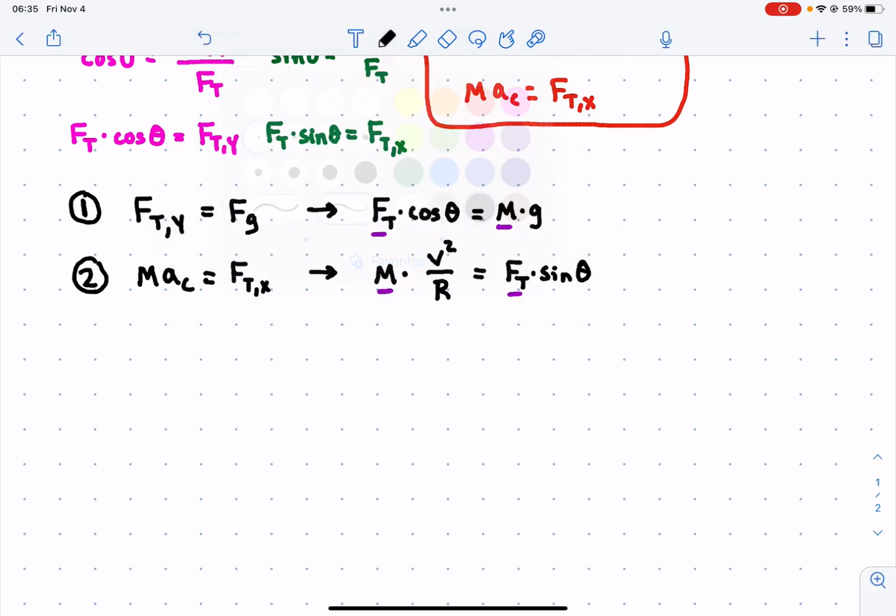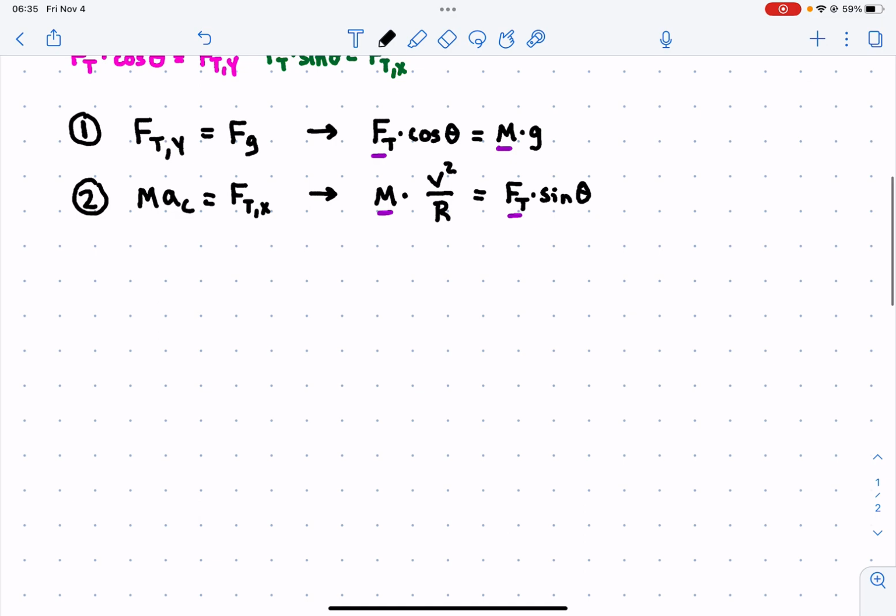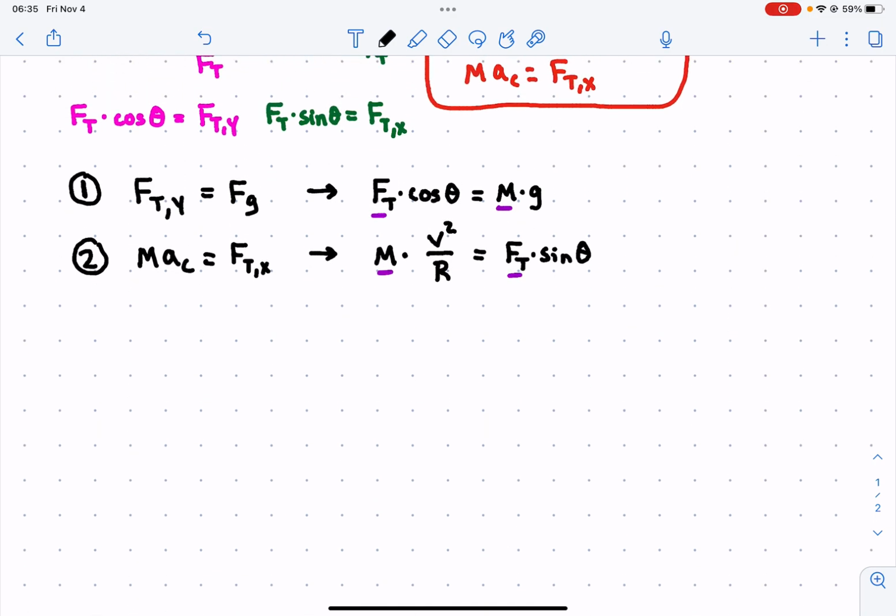Okay, so solving from there, what I would do is I would probably just deconstruct the first equation since it's probably the easiest. So divide both sides by cosine theta, and you're going to get F_T equals mg divided by cosine theta, right?